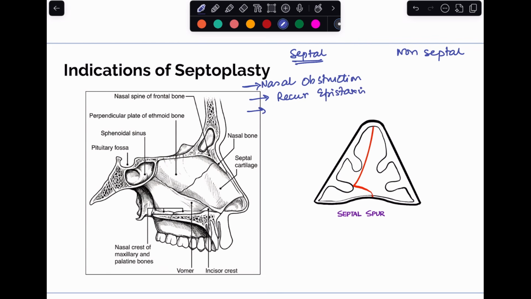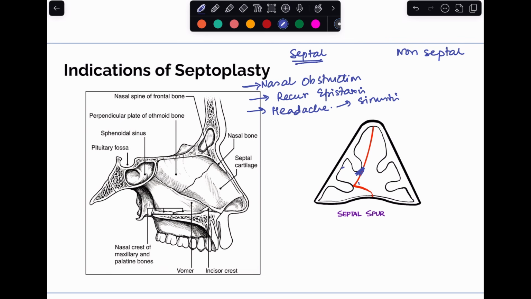Third indication is headache. Now, headache can be of different types. One is headache because of sinusitis. Say, for instance, if the osteomeatal complex gets blocked, then the drainage of sinuses will be blocked, as a result of which the patient will have sinusitis.